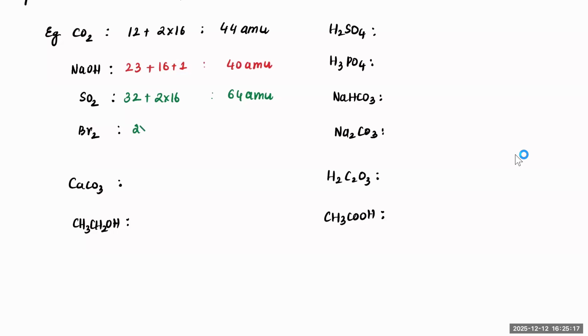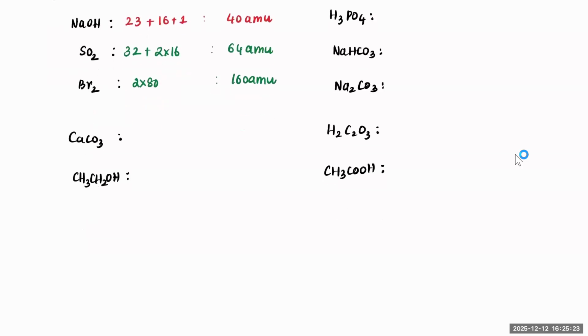Bromine is 80, which makes Br2 160 AMU. Calcium carbonate: calcium is 40 plus carbon is 12 plus 3 times 16. That comes to be 100 AMU.